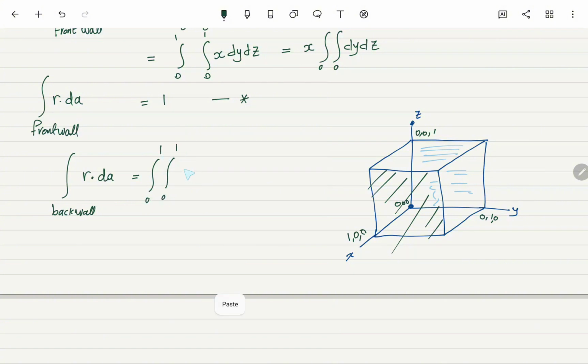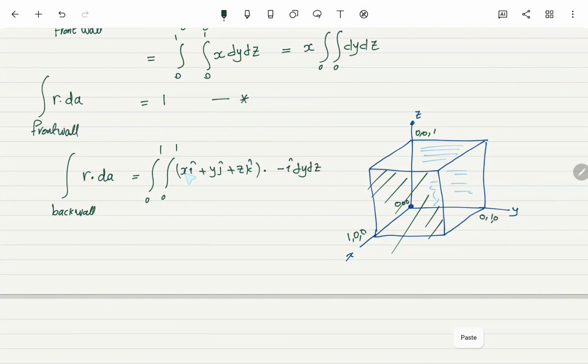Same rule here: x i hat, y j hat, z k hat, dotted with d area, the area vector, which is on the negative side, minus i hat dy dz. Now the x position for the back wall is equal to 0.